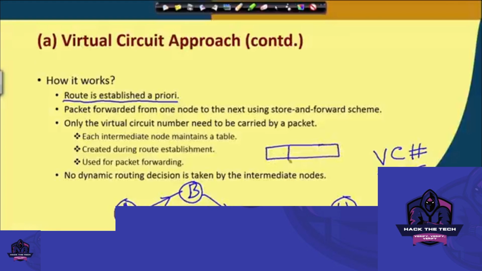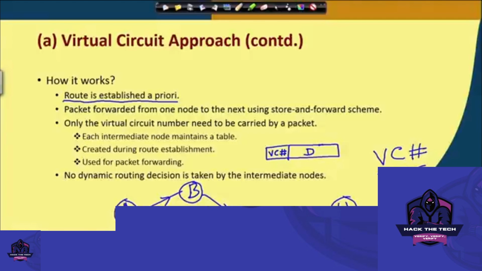Once the virtual circuit is established, when the packets are being transmitted, you recall I said that the packet will contain the data and some header. Now, in the header only the virtual circuit number will be kept, because this node B will know, because the circuit has already been established, that if I am talking about virtual circuit number 2, then this is the path to be followed. So, it will automatically forward that packet along that virtual circuit.